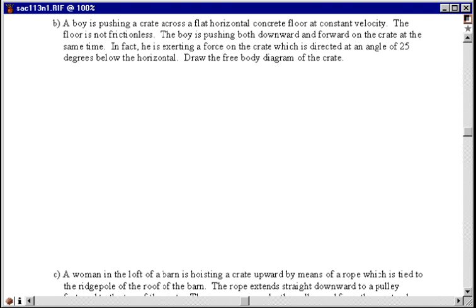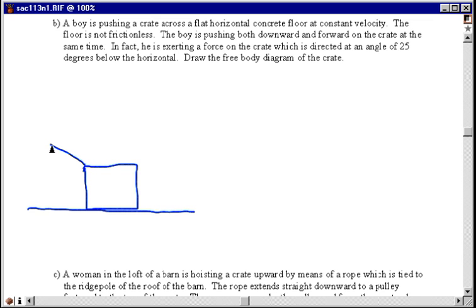Okay, let's look down at the next one. We've got a boy pushing a crate across a flat horizontal concrete floor. So I'm going to draw a sketch of that situation as well. Get a crate right there. He's pushing downward and forward on it.